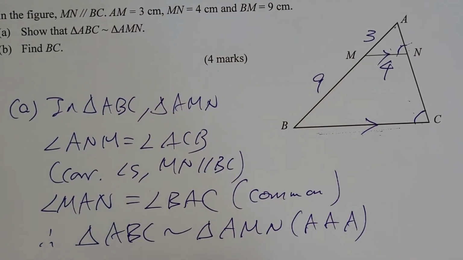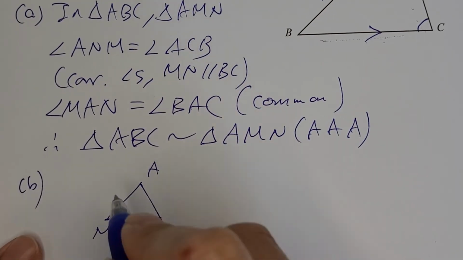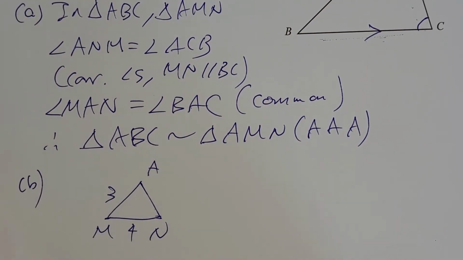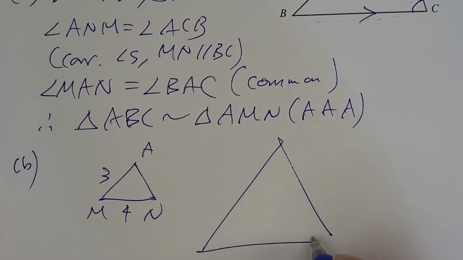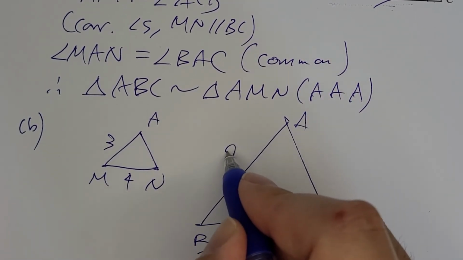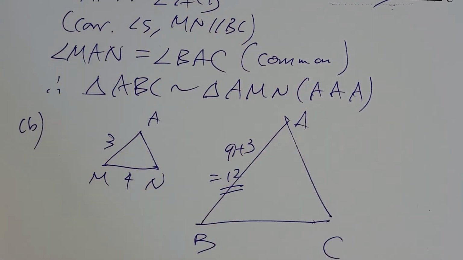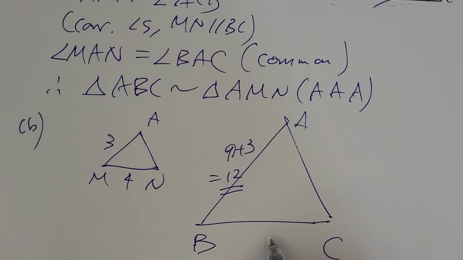Part B. Find the length of BC. Now remember, you have two similar triangles. First one, AMN, the smaller one, that is 3, 4, and a bigger triangle, ABC. The length of AB is not 9, it is 9 plus 3, that is 12. Pay attention here. So BC is the unknown you need to find out.